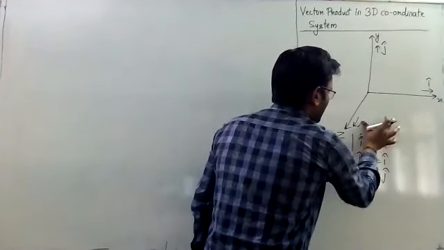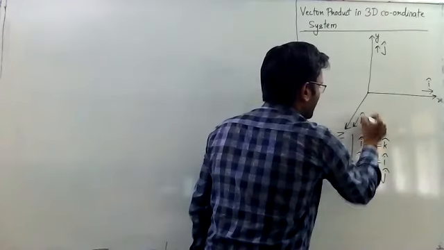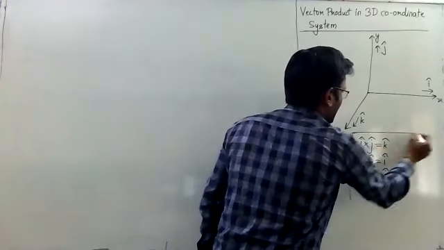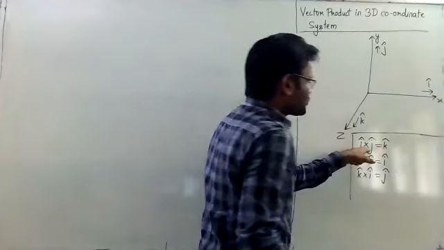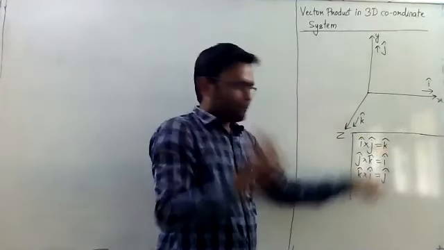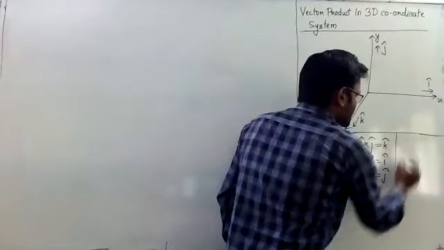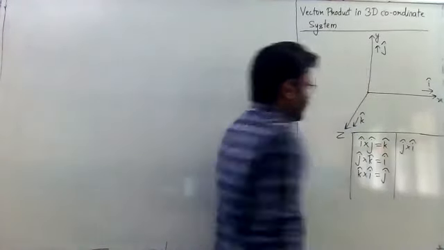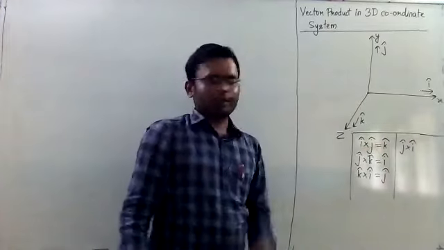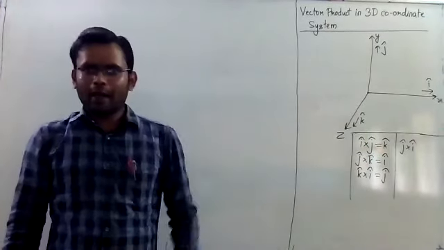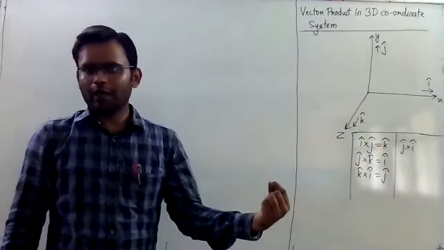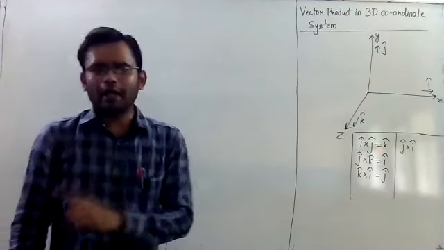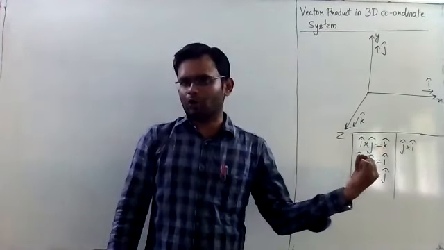Now, by the rules of vectors, you all know that if i cross j is equal to k, then what is j cross i? Negative of that value, because I have said a cross b is equal to minus of b cross a.